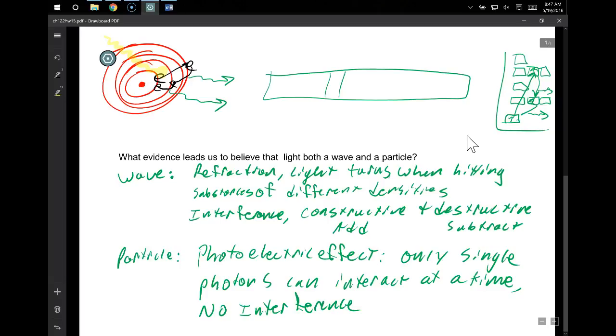There's no interference. There's no ability to add to it. So when I'm shining blue light at a solar panel, the solar panel is activated, and when I shine red light at the solar panel, nothing happens, even if the red light is a very powerful red light. There's plenty of energy there, but the energy comes in tiny little packets that are too small to actually do anything individually, like kindergartners.